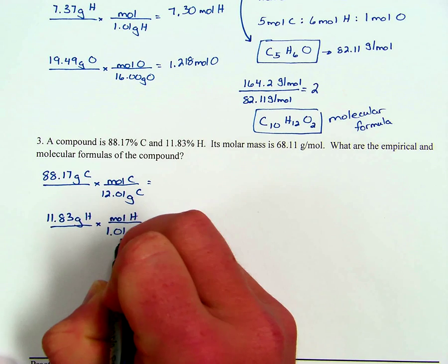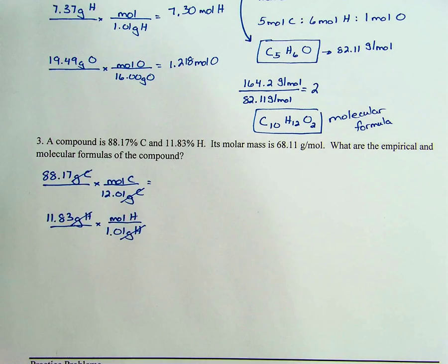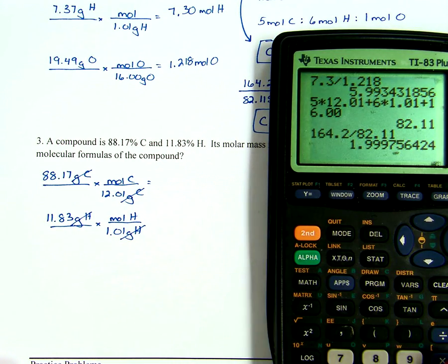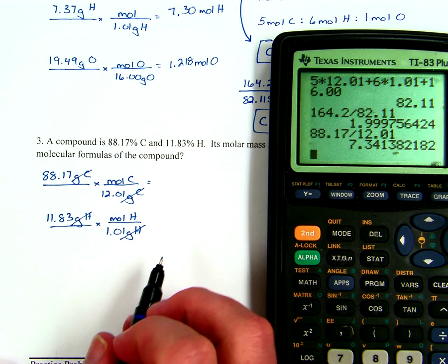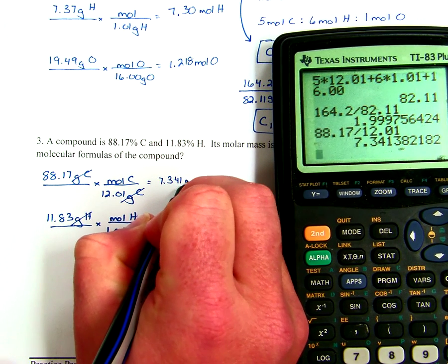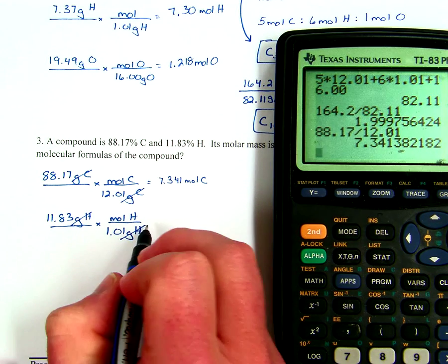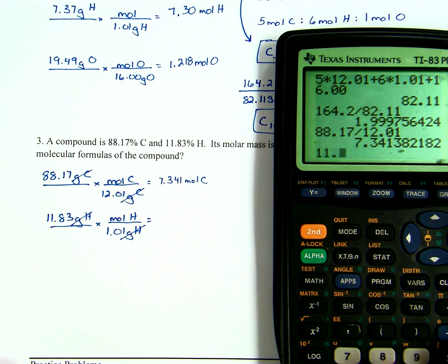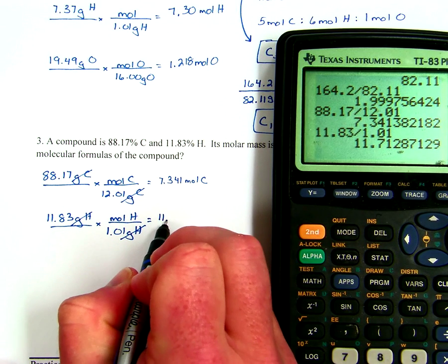So for carbon, we have 7.341 moles carbon, and then for hydrogen we have 11.7 moles hydrogen.